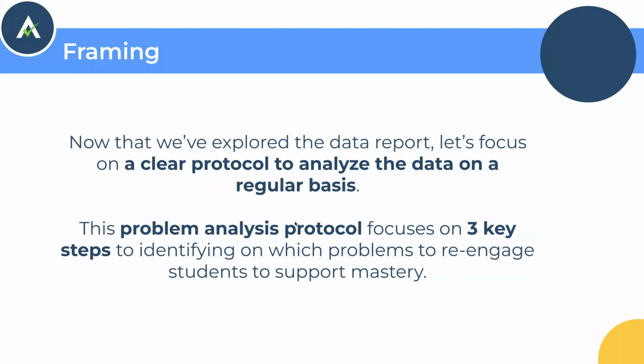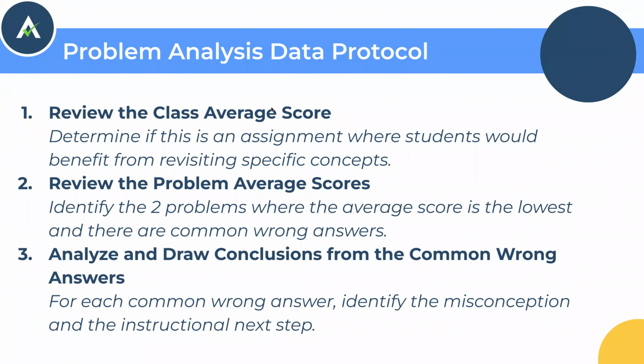But now that we've explored a live report, I want to go through this protocol to analyze data. It focuses on 3 key steps to identifying which problems you want to re-engage students with to support mastery. It starts off with looking at the class average score to determine if this is an assignment where students would benefit from revisiting specific concepts.